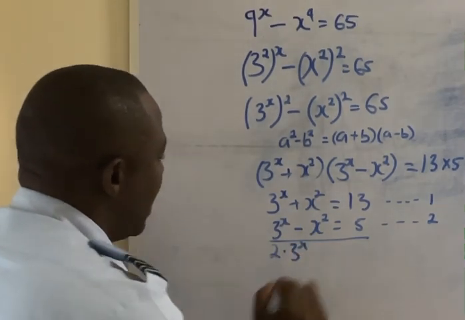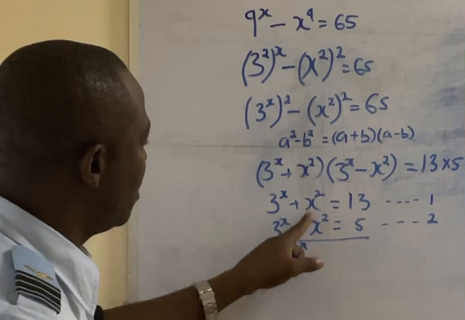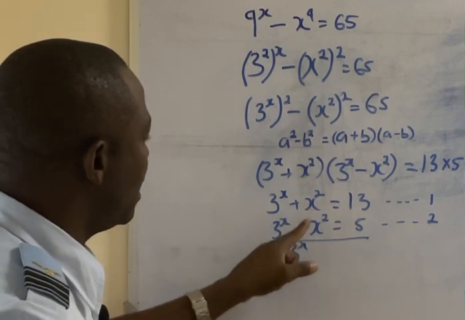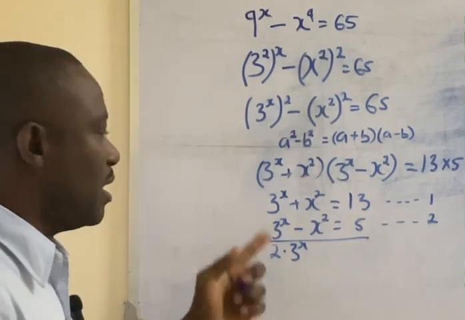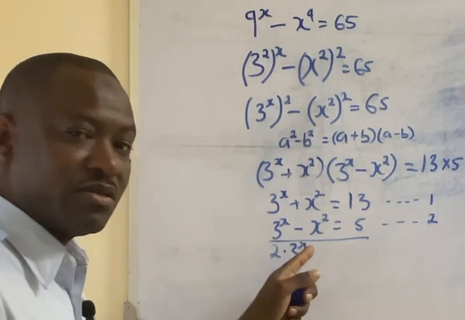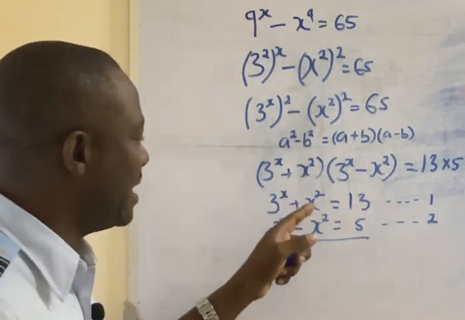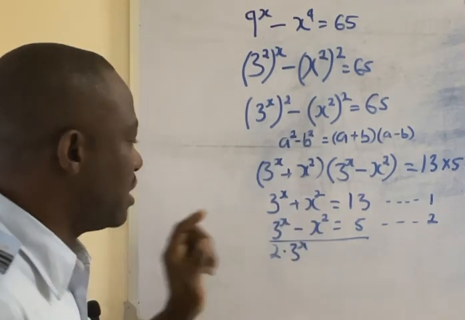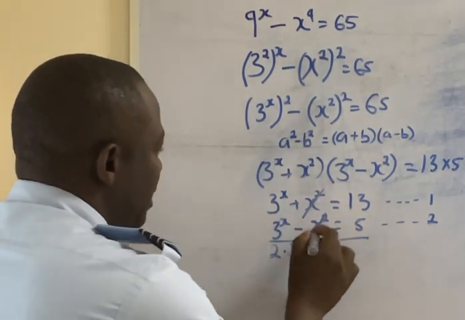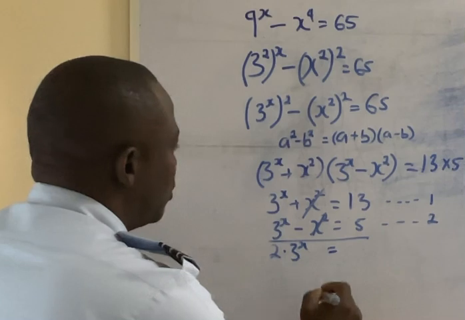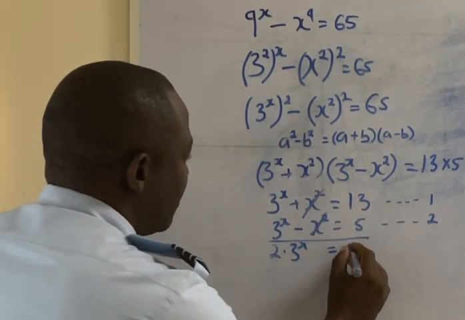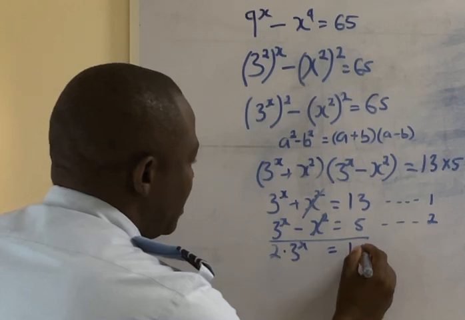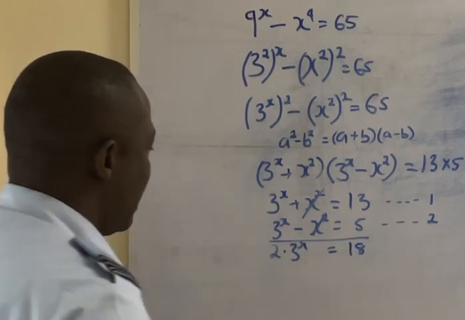And then x squared minus x squared is going to eliminate it, because the plus and minus cancel. So this one is eliminated. This is equal to 13 plus 5, we're going to have 18. Okay.